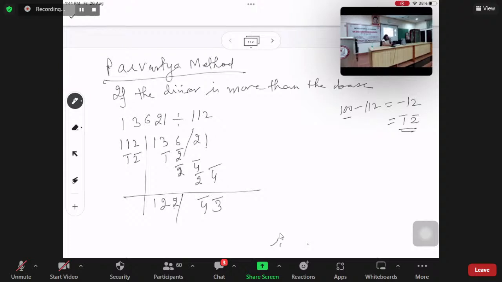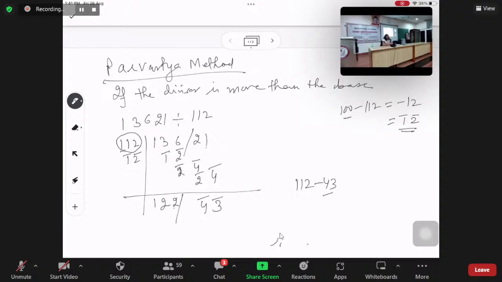Now both the digits are with bar. So what shall we do in this case? Basically, this is minus 43. So we will subtract this number from 112.